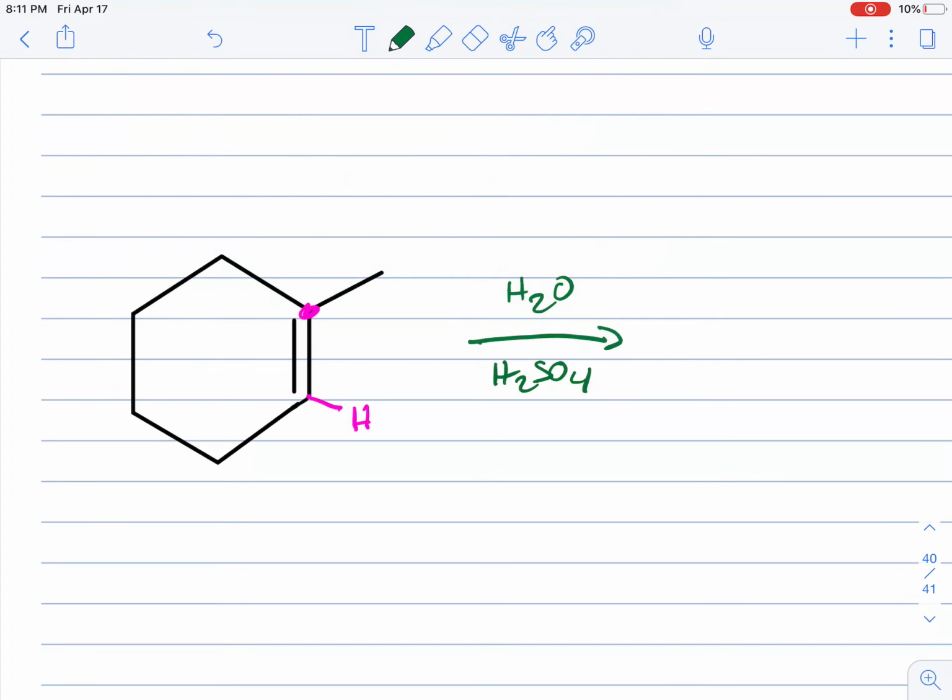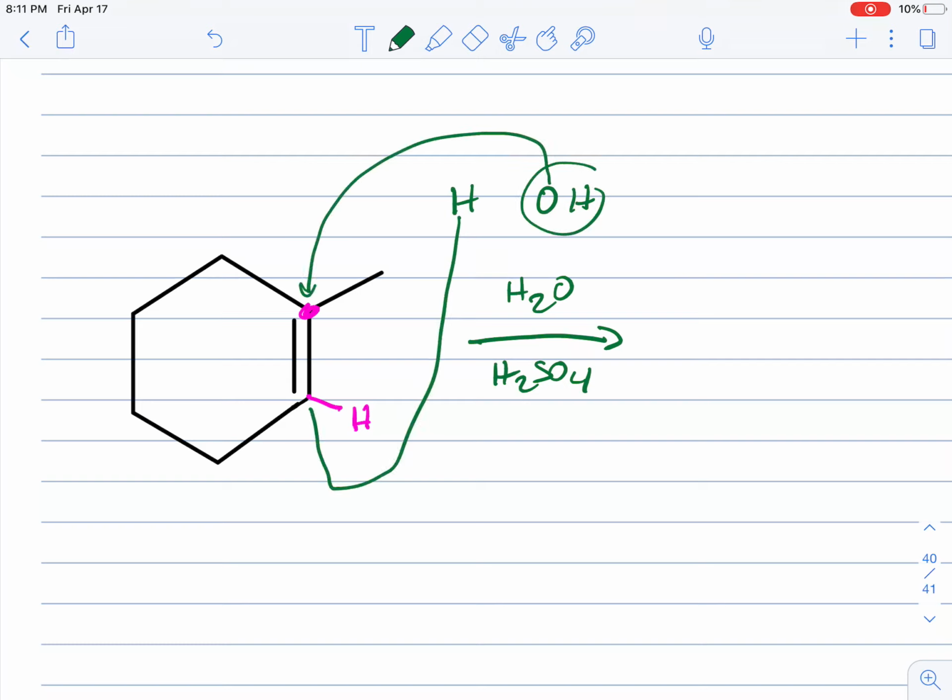And so if I were to take that water molecule, and if I were to separate it, then that hydrogen is going to go here at the bottom, and that OH is going to go at the very top.